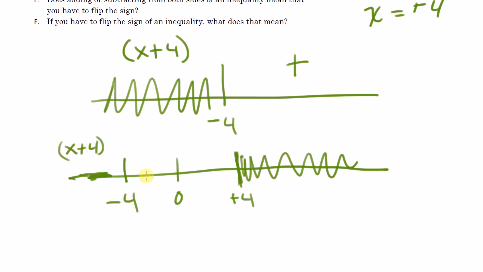Let's see. What happens on this side? If I plug a really big negative number in here, it's still going to be negative. In between negative 4 and 0, if I plugged negative 1 in here, it's going to be positive. And from 0 to 4, it's going to be positive as well.